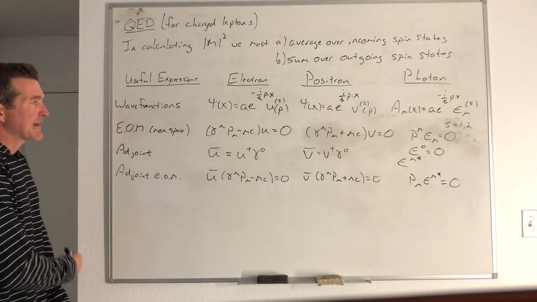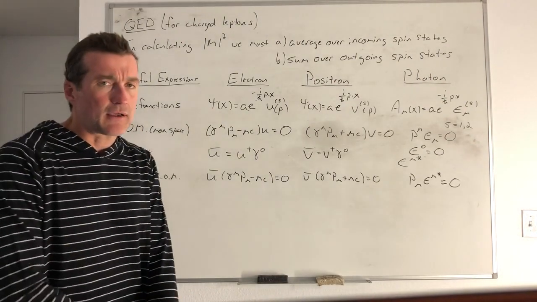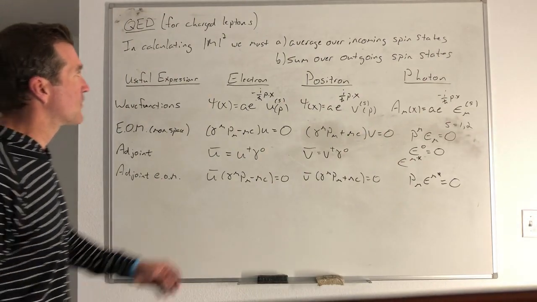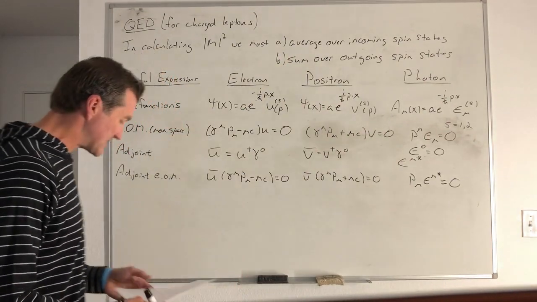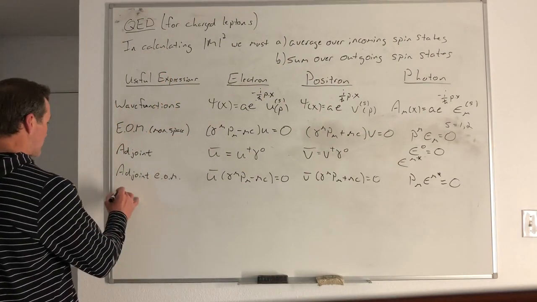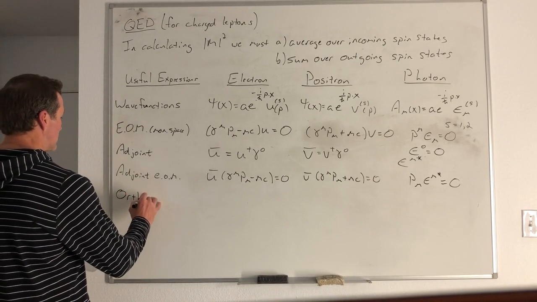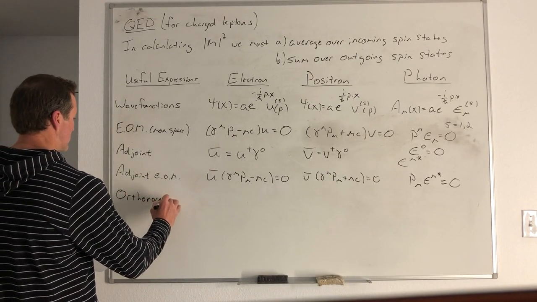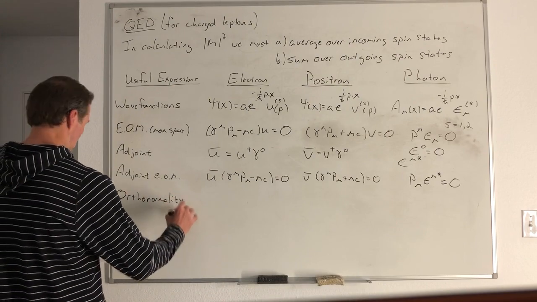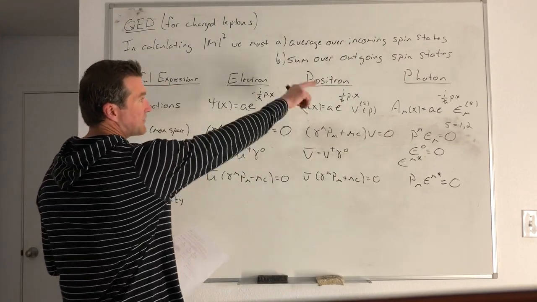Now the next two things that I'm going to write down are very, very convenient to work with, especially when we're averaging over and summing over spin states. So first of all, we have an orthonormality of the different polarizations.